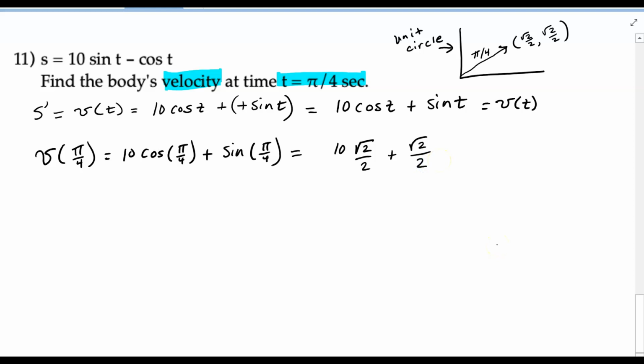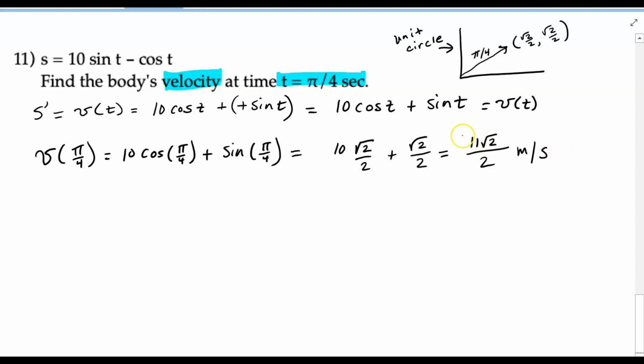And so that gives us in total 10 of the square root of 2's plus 1 of the square root of 2's over 2's. It's 11 square root of 2's over 2. And then the units are meters per second. I know it didn't really give the unit of distance, but let's assume meters, so meters per second.